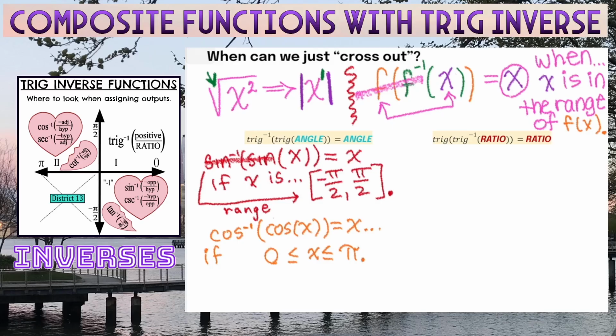So that's another way of saying interval notation with the brackets, but that is the range of cosine inverse function. And again, you can look at the heart chart. Cosine inverse of a positive is between 0 and pi over 2, and cosine inverse of a negative is between pi over 2 and pi.